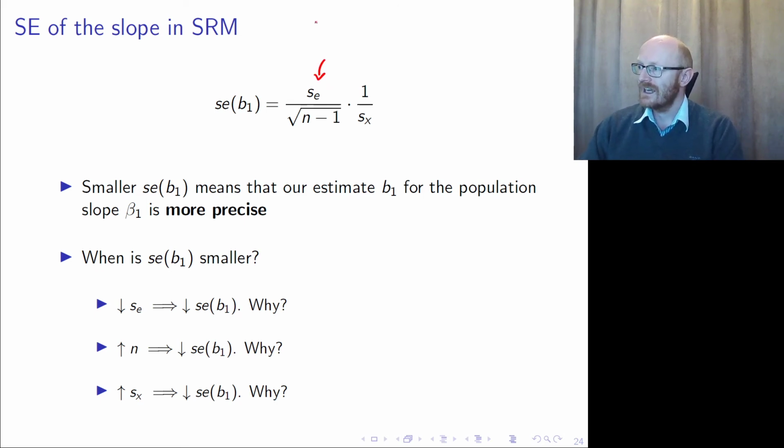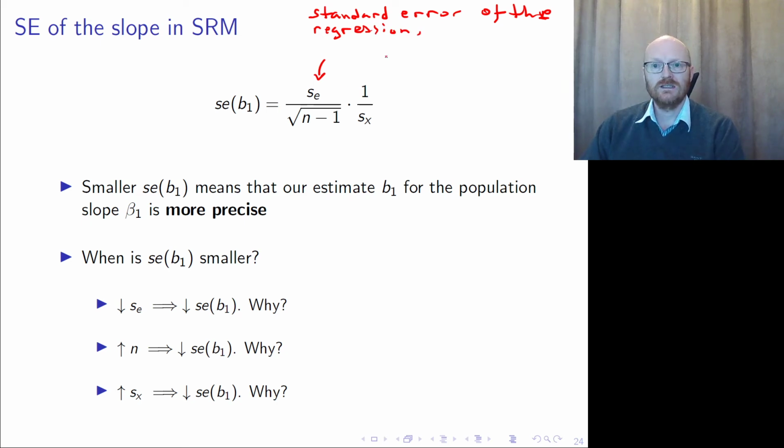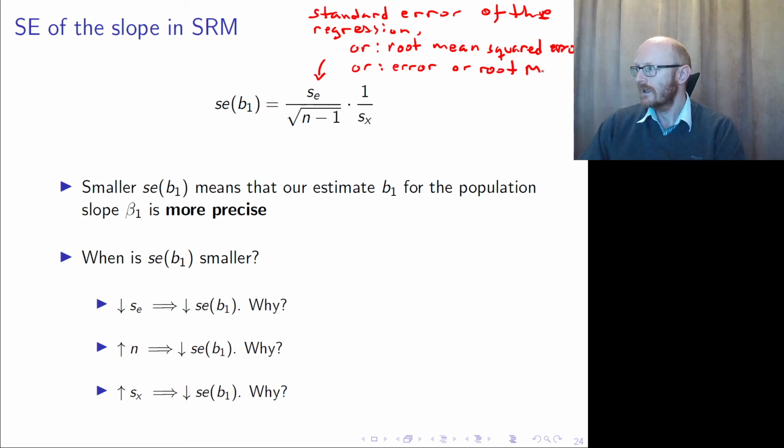You have the standard error of the regression, which is also called the root mean squared error, or root MSE, like in Stata.